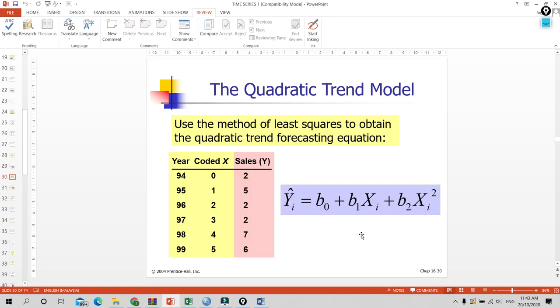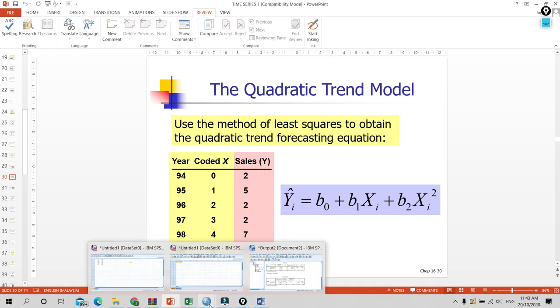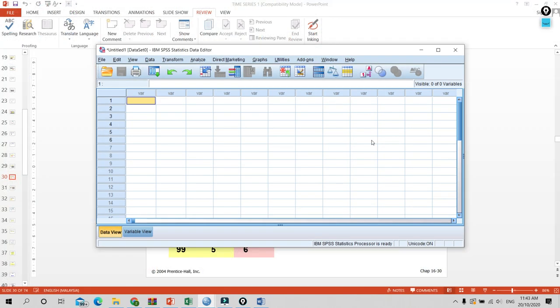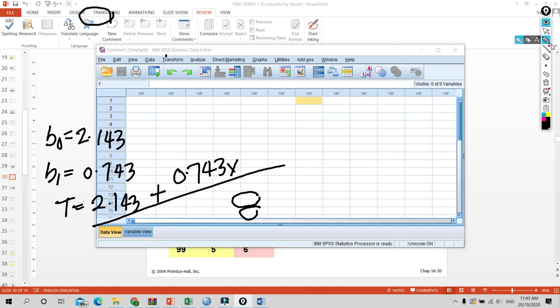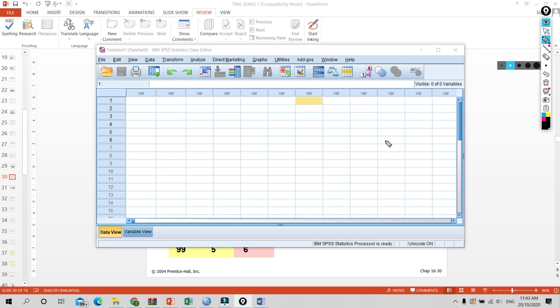I go to SPSS. My x here is 0, 1, 2, 3, 4, 5.